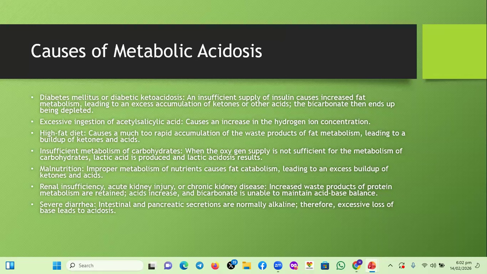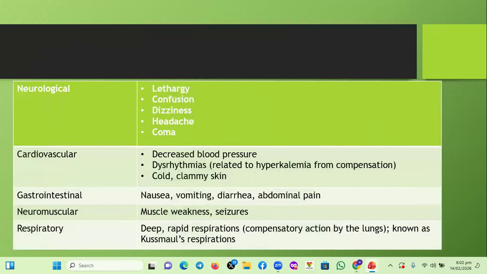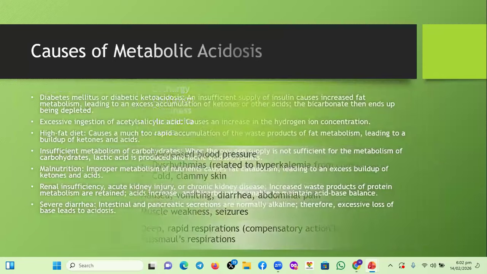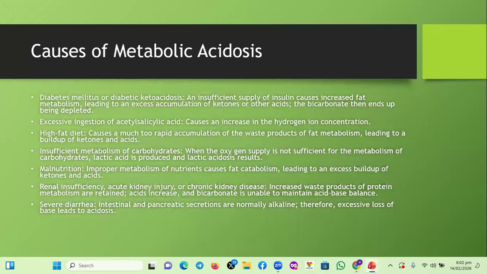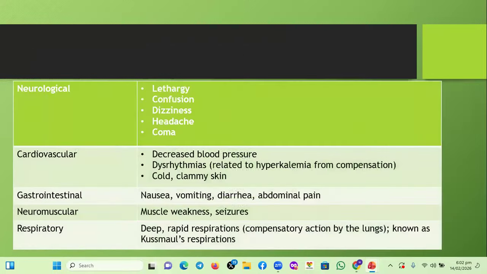That is what you need. So these are the conditions that you expect to see an individual experiencing metabolic acidosis. Any question, any inputs, any addition on the causes of metabolic acidosis?